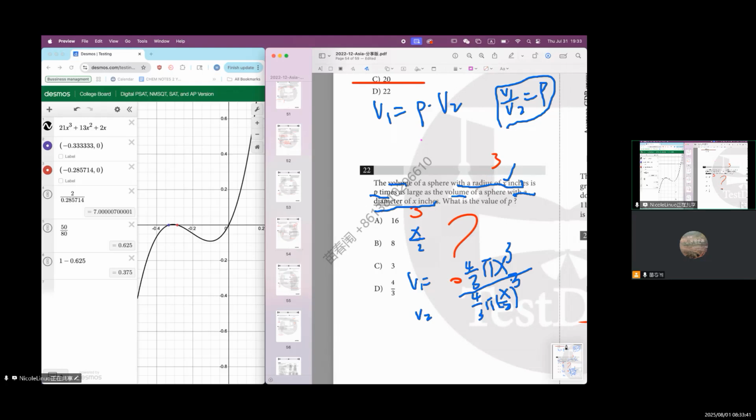You can also say this is kind of like a volume ratio. So for the formula, like V1 equals P times V2, what does it mean again? That's the formula from the question, right? Yeah, from their description. Basically, the volume of a sphere is P times as large as the volume of the number one sphere, right?